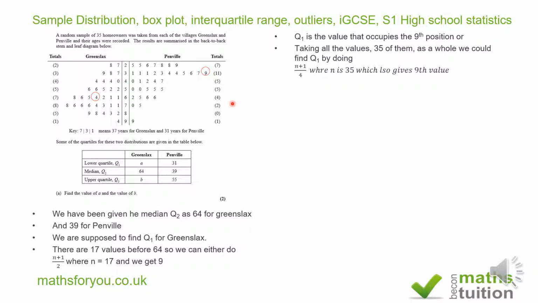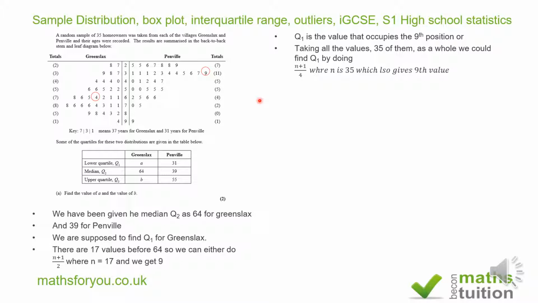Right. Now we can also do the same thing by looking at the whole sample of 35. So we do 35 plus 1, which is 36, divide 36 by 4, you get 9. Again, the ninth value, which is 44, is the lower quartile.